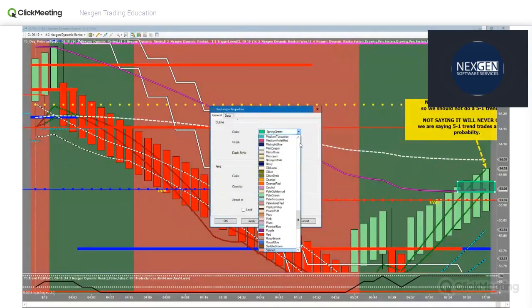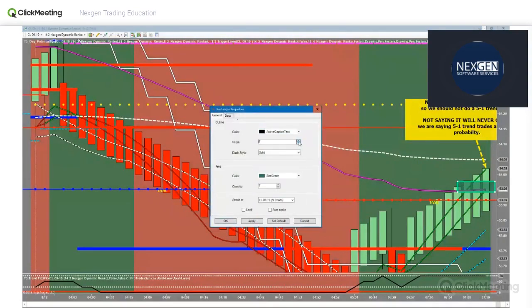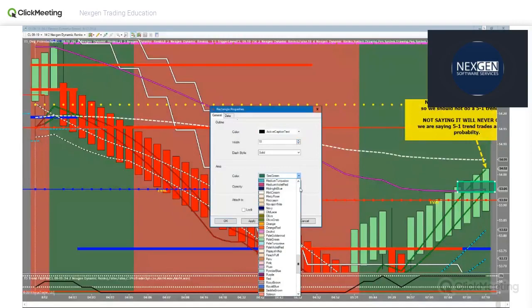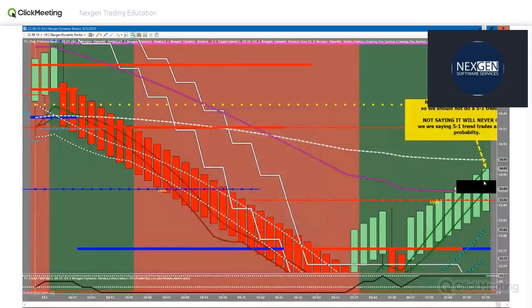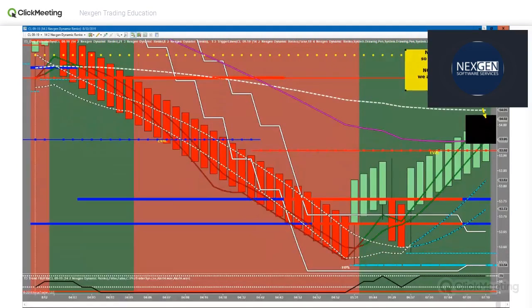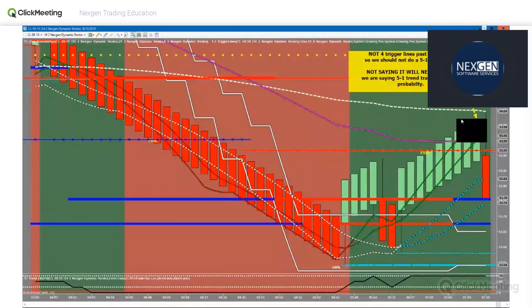I always do this with a black box because it's easier to black out the whole thing, and the visual becomes much easier. So look, this is resistance. When you're about to do your 5-1 trend trade, how many trigger lines are past the resistance window? The answer is 2, maybe. So let's just call it 2.